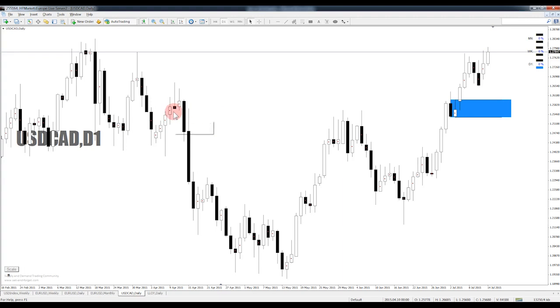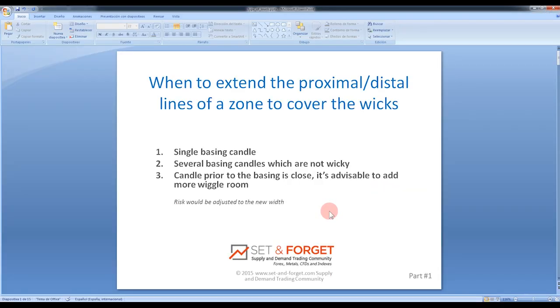So here, this is how it looks on the MetaTrader platform of this broker, but on other brokers like FXCM, IC Markets or FX Pro, it could look different. So it is good to add some more padding to both sides of the distal and proximal lines because of that.